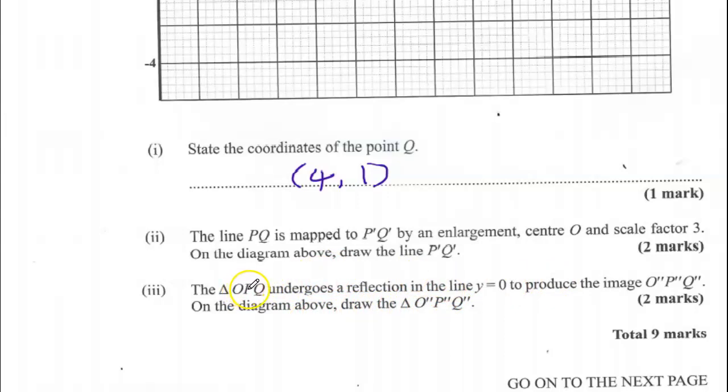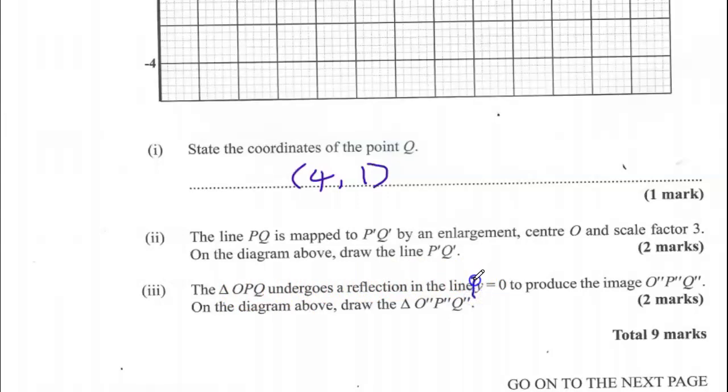Now, it's very important to note that the line y equals 0 is actually the x-axis. So it can read, the triangle OPQ undergoes a reflection in the x-axis to produce this triangle, which is what we are now being asked to draw. So let's reflect the triangle OPQ in the x-axis and draw our new triangle.